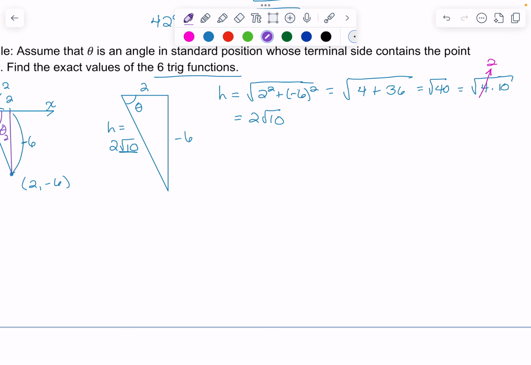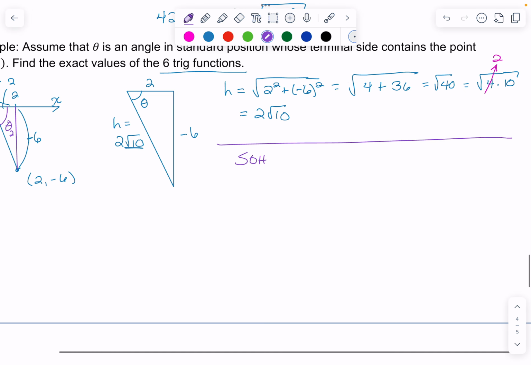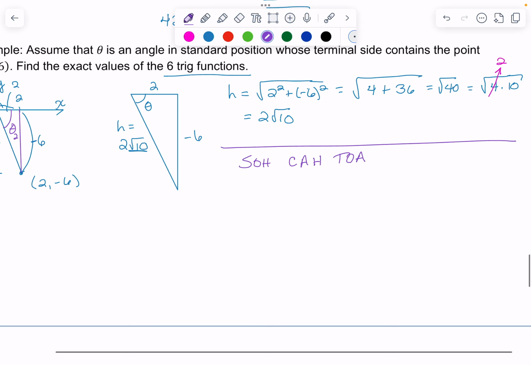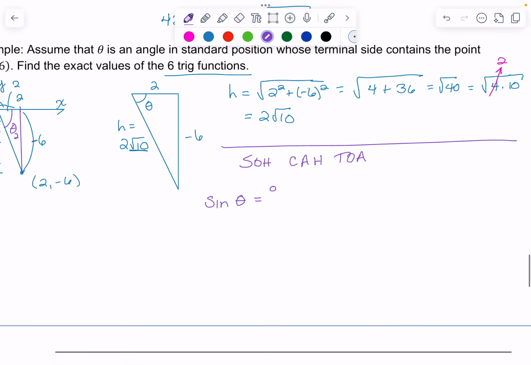Now what we're going to do is use SOHCAHTOA to start with. So that means that sine of my theta is going to be equal to my opposite over my hypotenuse. That means it's equal to 2 over 2 square root of 10. Don't leave it like that. That's not my opposite.